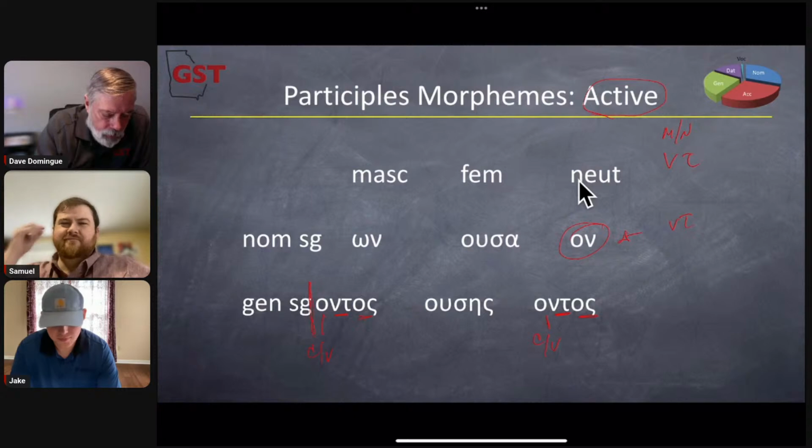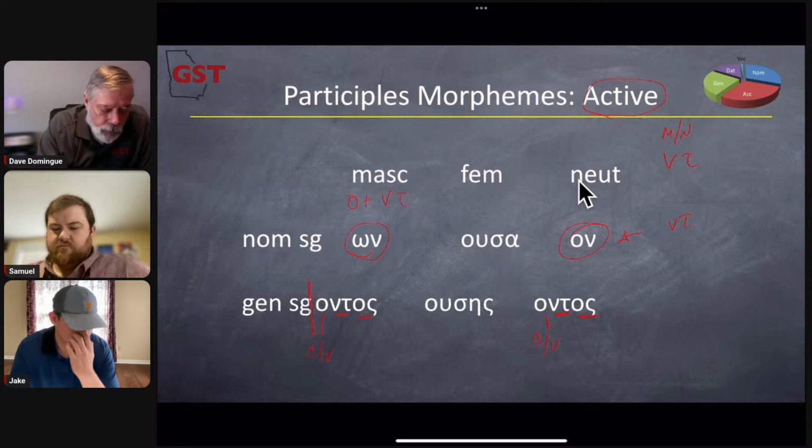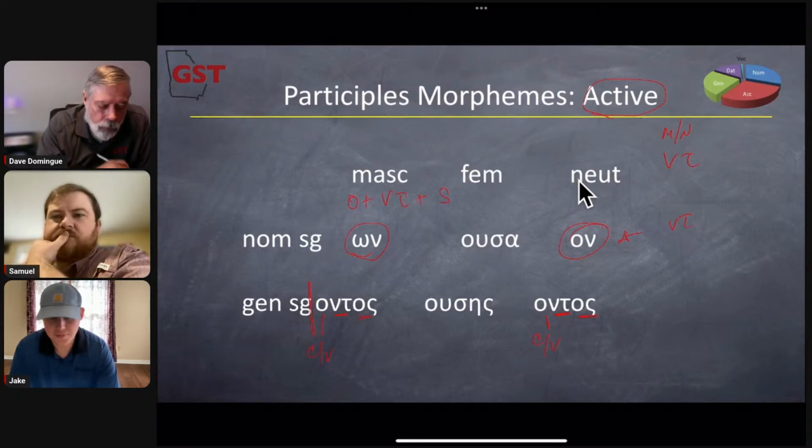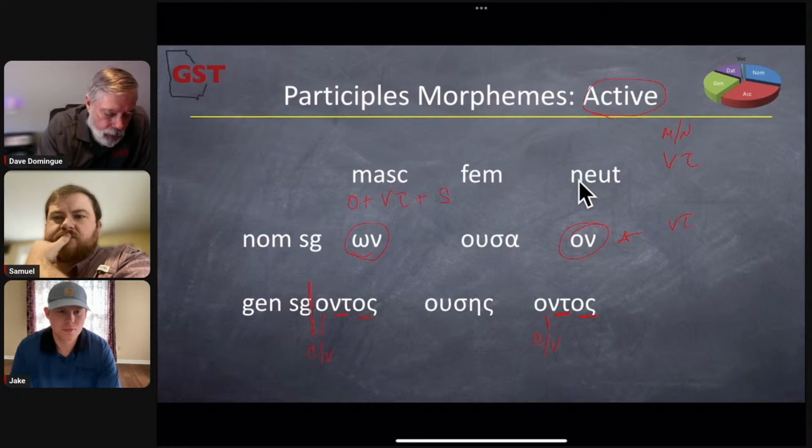What about here? This is a little more complex. This is a nu tau, right? It has a connecting vowel, Omicron, plus the participle morpheme, plus the case ending, which is a sigma. This is, by the way, a 3-1-3 declension pattern.